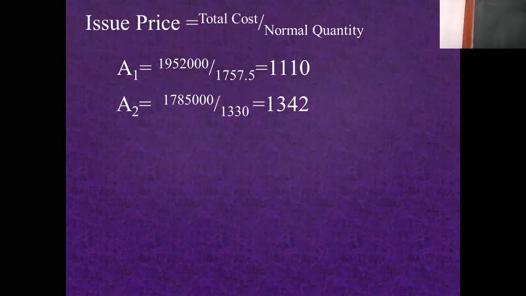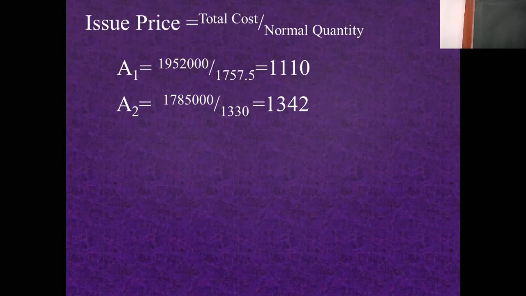How we calculate the issue price? Total cost divided by normal quantity. Total cost of A1 is 19,52,000. Normal quantity available to you is 1757.5 for A1. You divide by that, you will get approximately 1110 per unit.